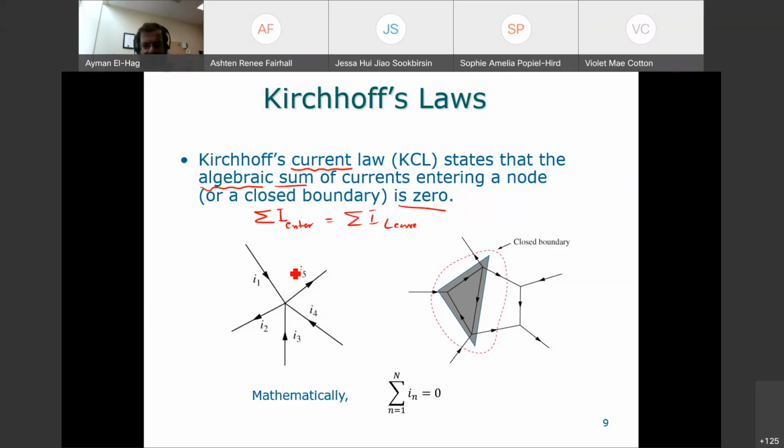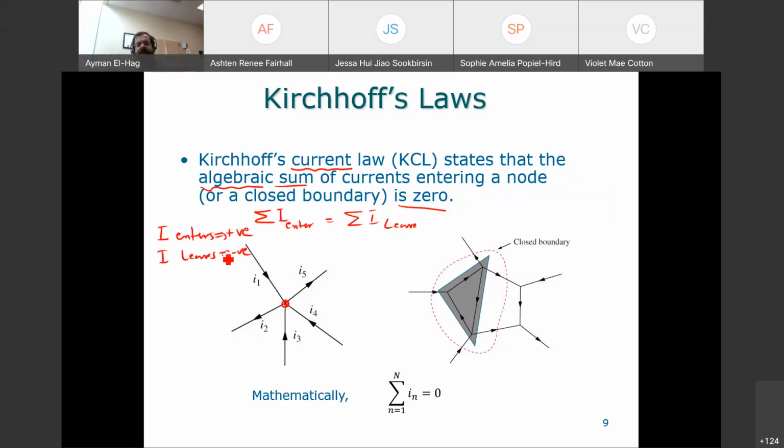So for example, let's look here. This is my node, and we have these currents. So I can use the first definition, and we get exactly the same relation. Let's assume that if we have I enter, then it is positive. I leave is negative.